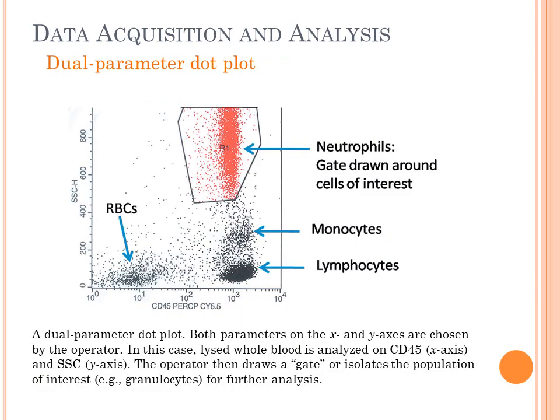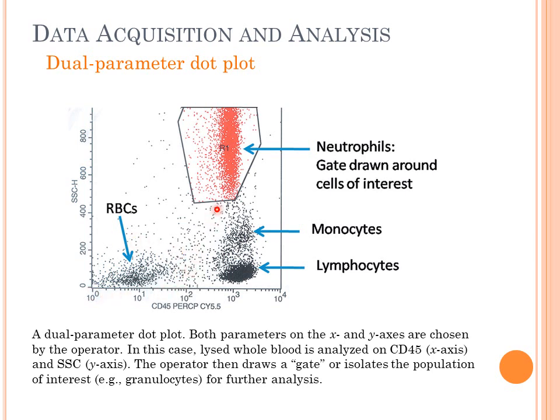Now we're looking at what is termed a dual parameter dot plot. We're looking at a group of cells and we're evaluating two parameters simultaneously. This was whole blood, and before we analyze this, we lysed the red cells, typically, because we're not interested in those. That's not what flow cytometry is all about. We're interested in the white cells. And so after running this specimen through, this is white cell or red cell remnant pretty much down here, so we don't care about this.